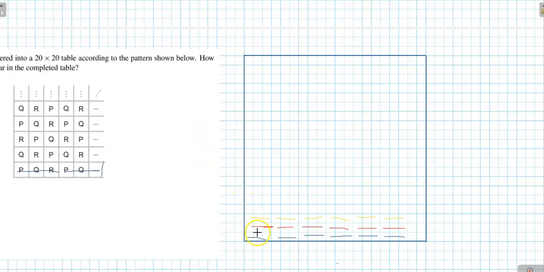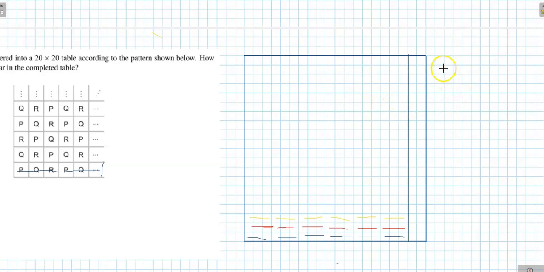So for each line, let's draw a line until here, from here to here. The same pattern will continue. So for each row, there will be 6P, 6Q, and 6R.